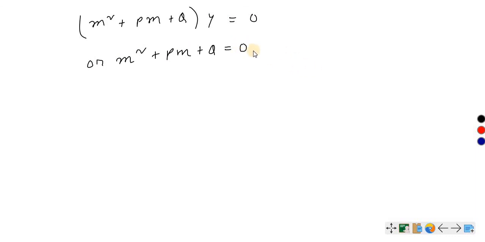This equation is called the auxiliary equation.